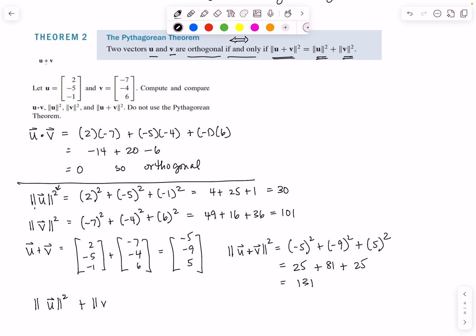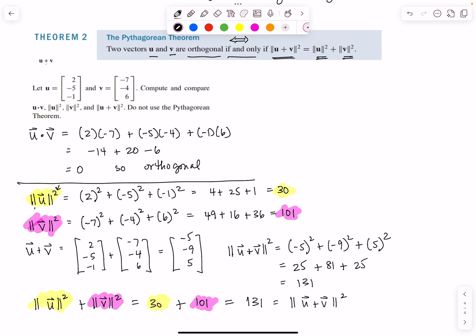And what we end up with here is, if we look at the length of u squared plus the length of v squared, the length of u squared was 30 and the length of v squared was 101. This is equal to 131, which you see is equal to the length of u plus v squared.